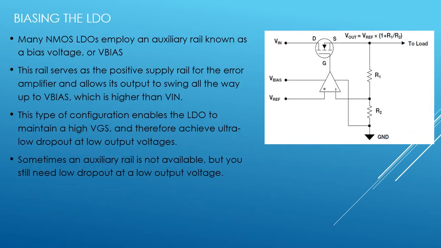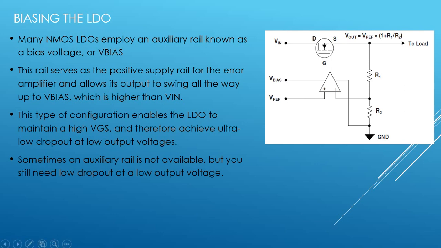There are some methods to decrease the dropout. One is biasing of the LDO. In biasing, we apply an external voltage to the error amplifier. It does not happen in all LDOs, but some have this functionality.